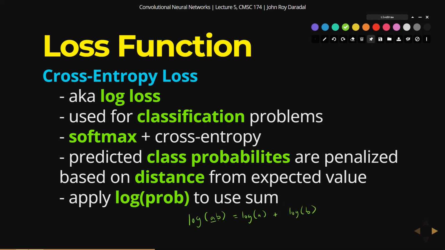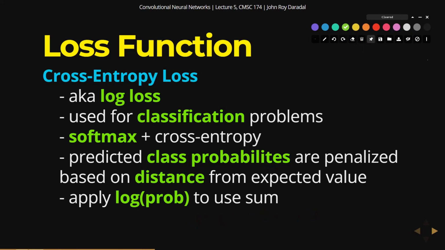So instead of doing a product of A and B, you take the log so that you can just have the log of A and then add it to the log of B. Okay, especially since we're dealing with probabilities which could become really small numbers later on. So we don't want that, because if we multiply a small number with another small number, it becomes really small. So the value might vanish eventually, right? So applying log will remedy that problem.